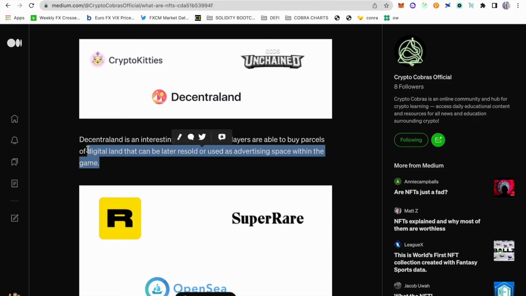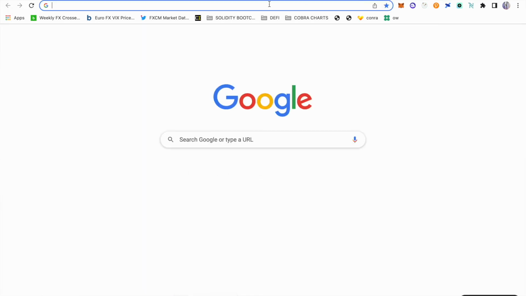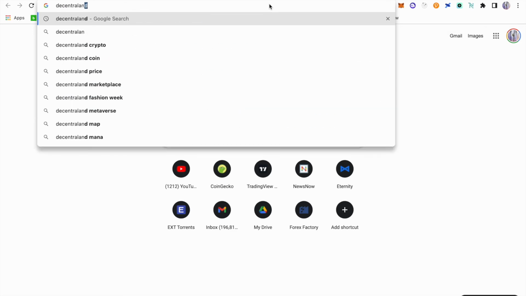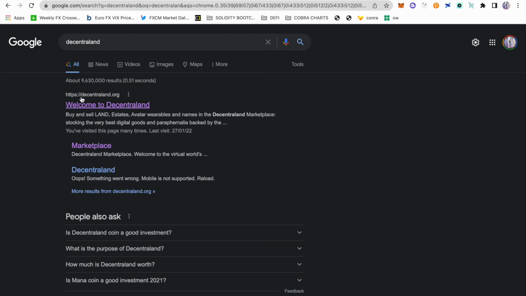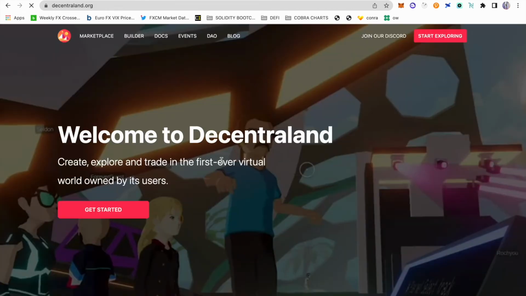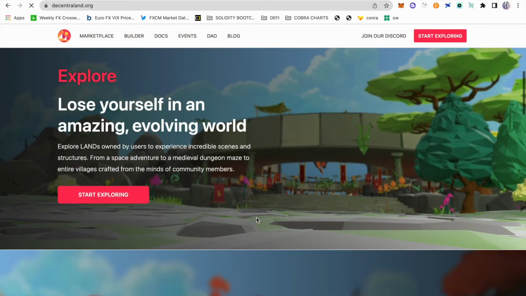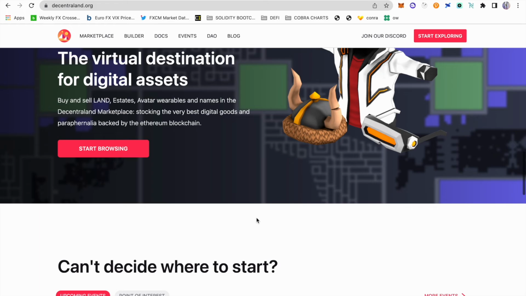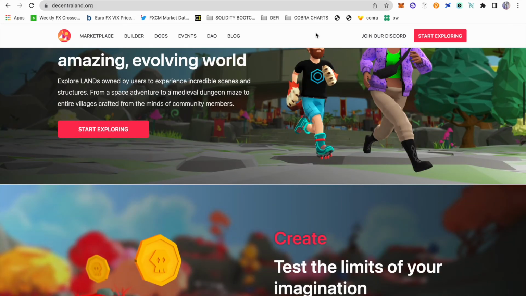In Decentraland, you're actually allowed to buy some land, and you'll see currently on Decentraland, Gucci and Samsung and other big brands have started to buy into the land and start building their spaces there.